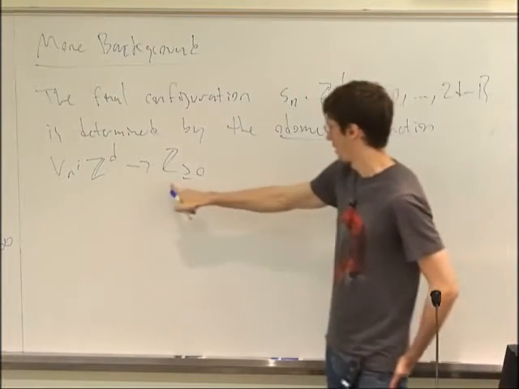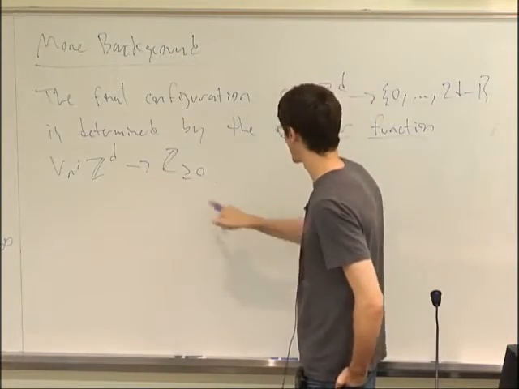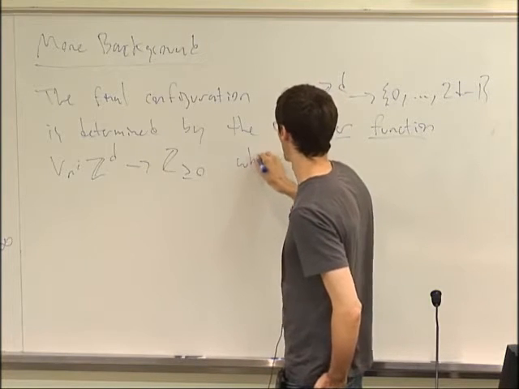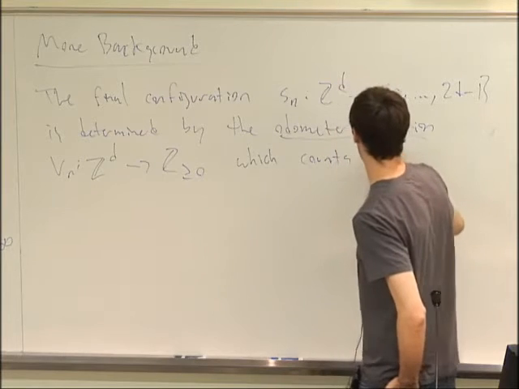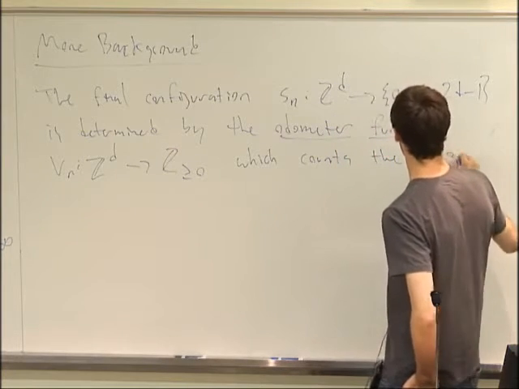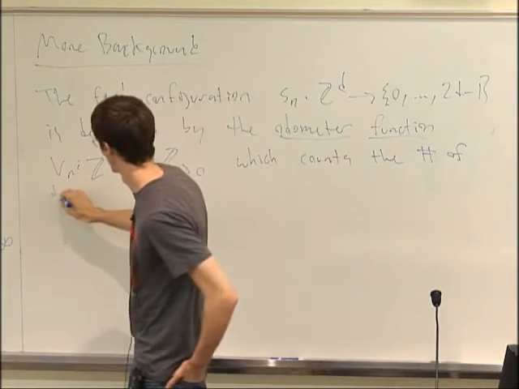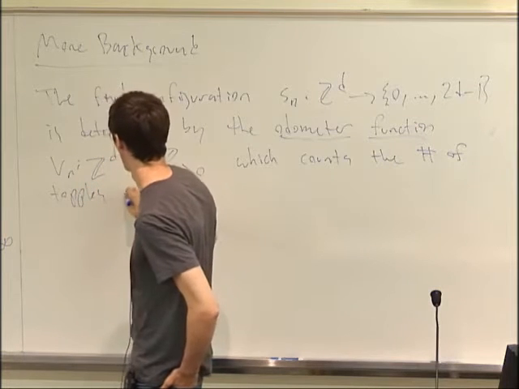What does this count? It just counts the number of topples at each vertex.